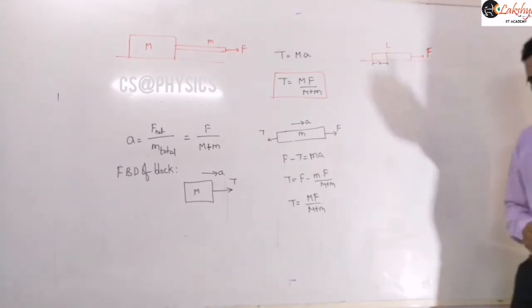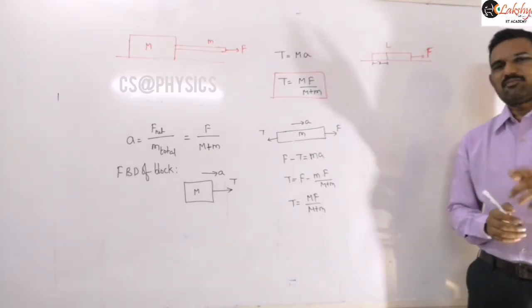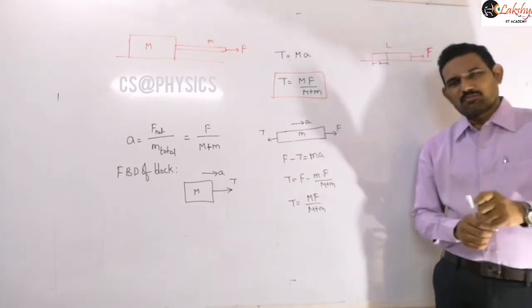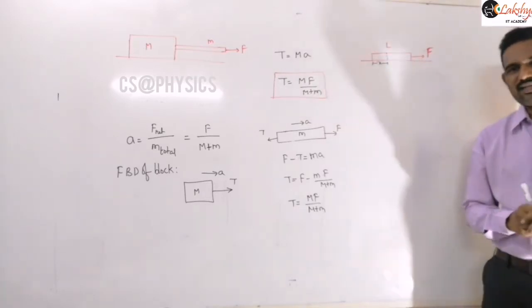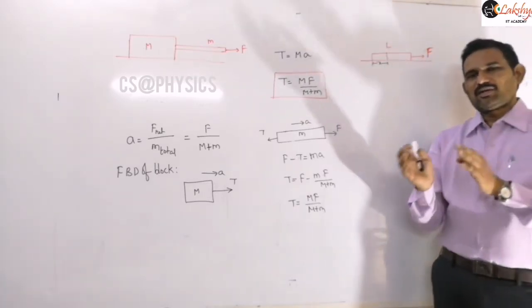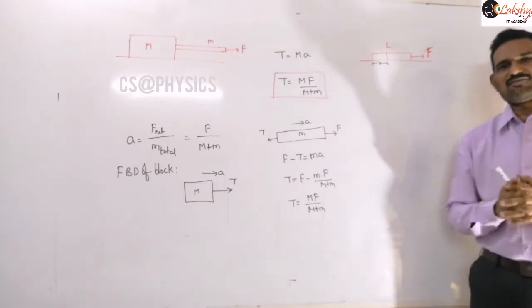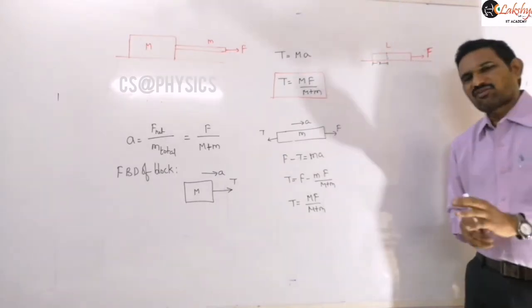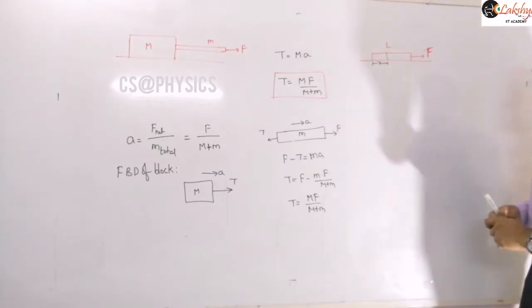Whenever you find the words uniform string, remember that it has mass, and that mass is distributed uniformly over its length. That means identical elements of the string have the same mass. That is the meaning of uniform string: it has mass, and the mass is distributed uniformly, right?